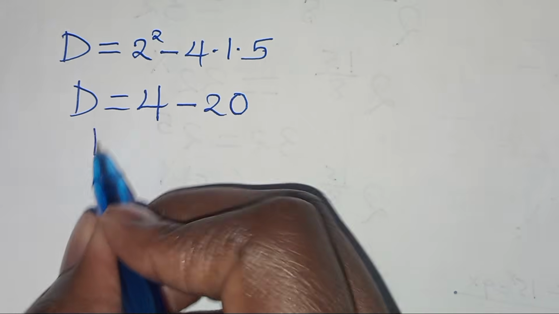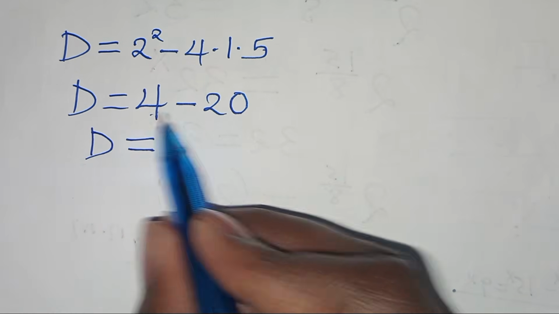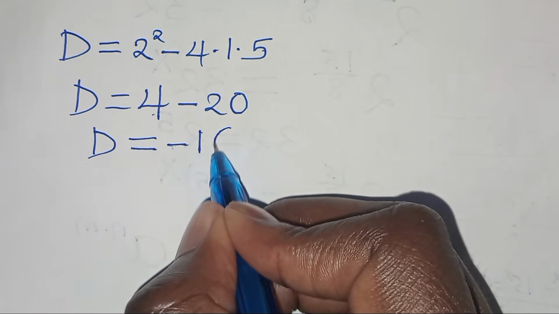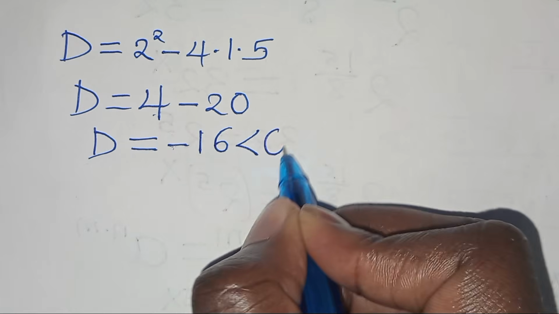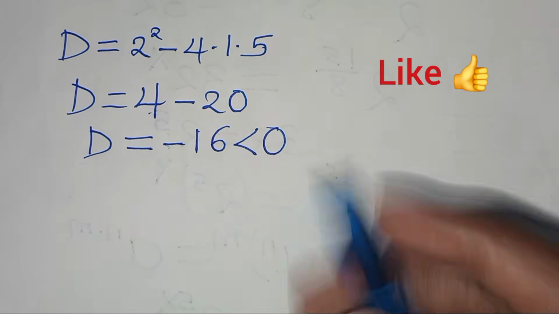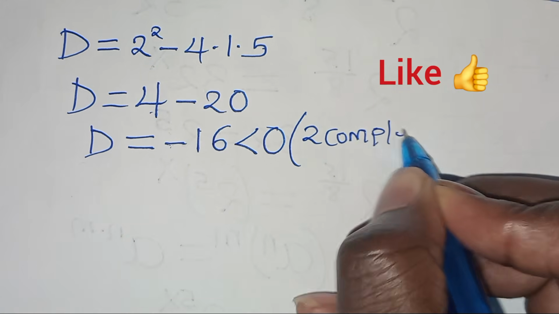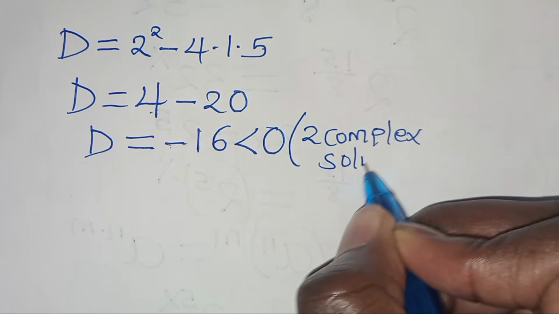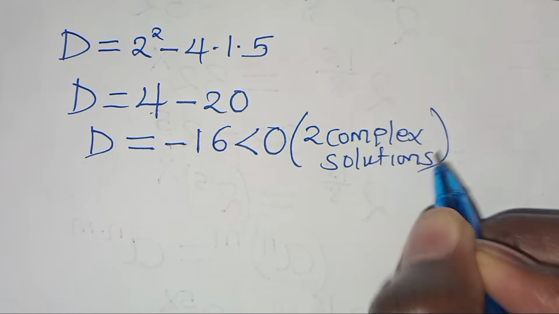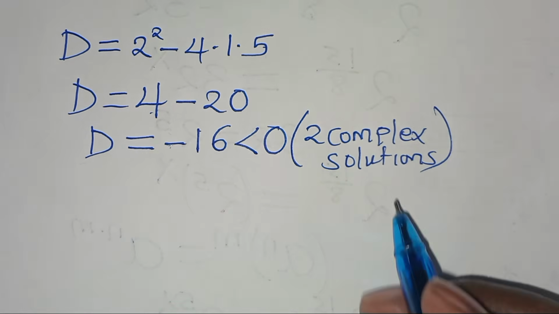And this implies that the discriminant value is 4 minus 20, which is minus 16, and this is less than 0. This implies that we have two complex solutions. Now, let's solve for these two complex solutions.